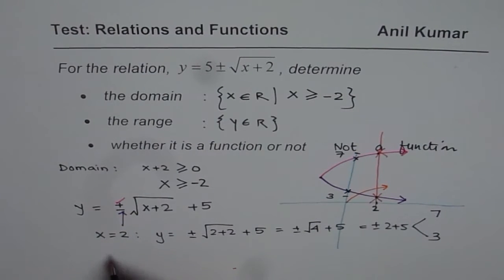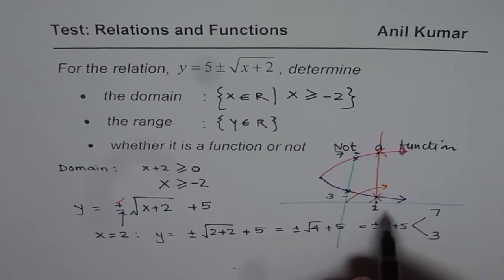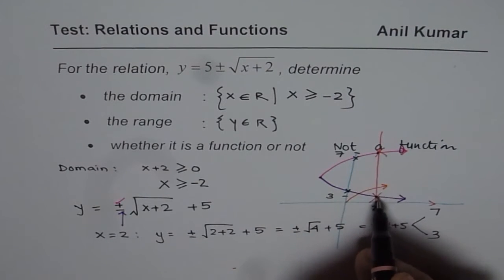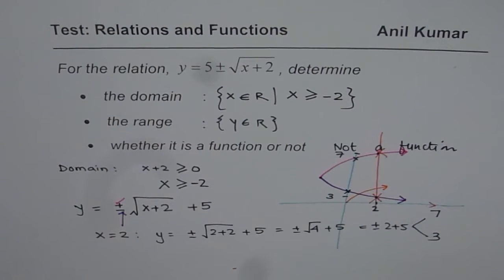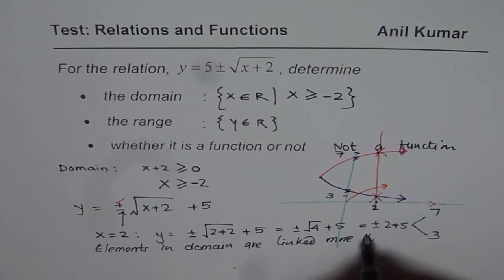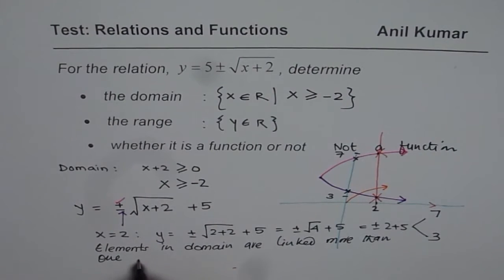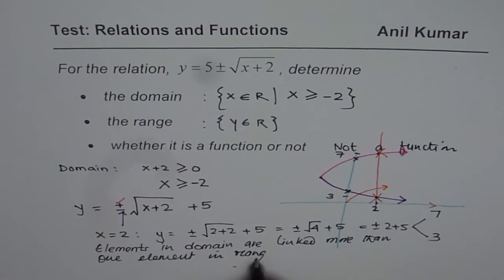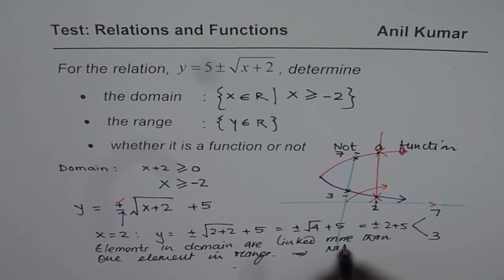The reason is that an element in the domain is linked with two elements in the range. Do you see that? So since elements in the domain are linked with more than one element in the range, it is not a function.